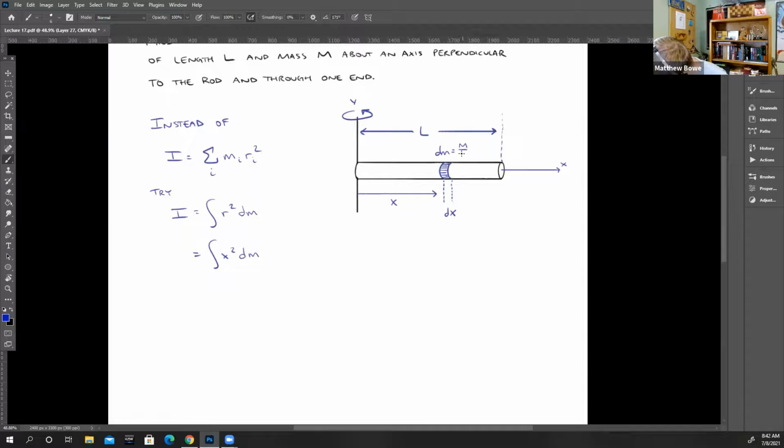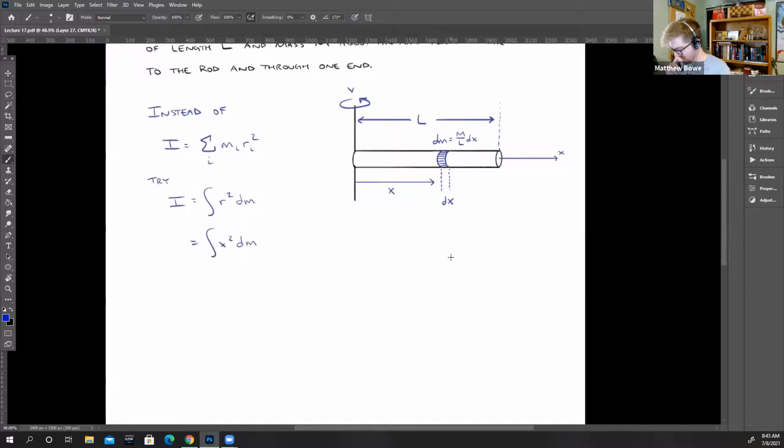So we have, this is related to the total mass over the total length times this small sliver of distance. So let me make the relation down here, saying that dm, this small sliver of mass, is made of a linear density.